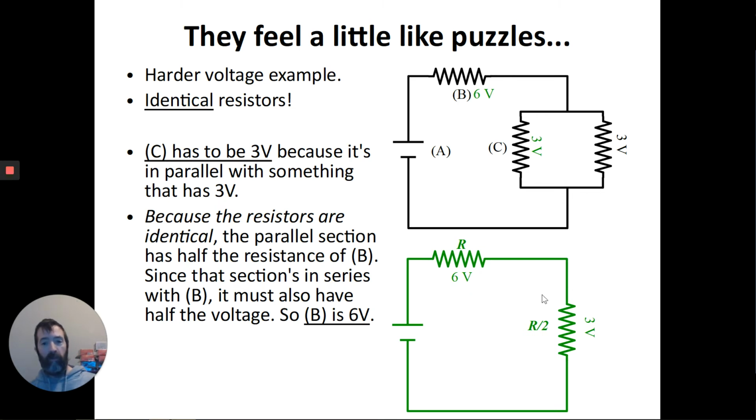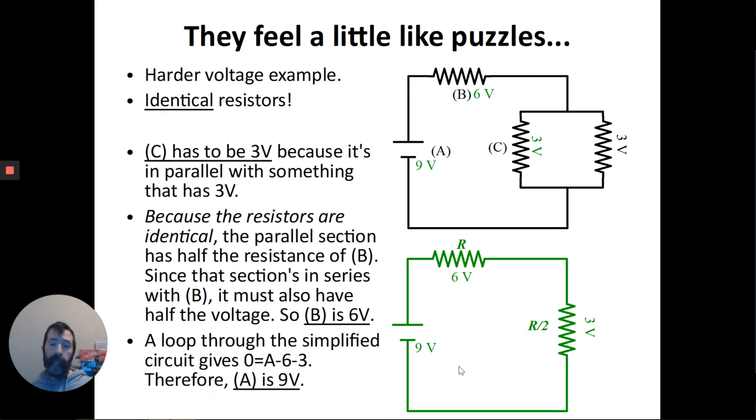Same current, twice as much resistance means twice as many volts. So B has to be 6 volts. And then once I know those, I can do a loop around the whole circuit to find the battery's voltage. If that's 6 and that's 3, that means the battery must have been providing 9.